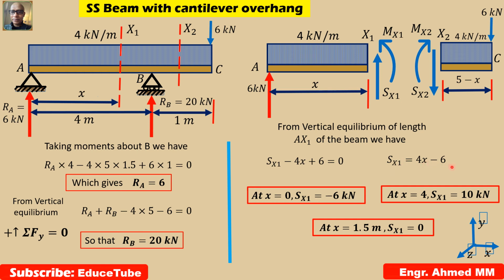So 4x minus 6 equal to 0. Easily we can find x equal to 6 by 4, so equal to 3 by 2, which means 1.5 meter. So from this end, 1.5 meter right, somewhere here, our shear force will be 0. When we see the shear force diagram, that time it will be very clear to us. So let's move ahead.